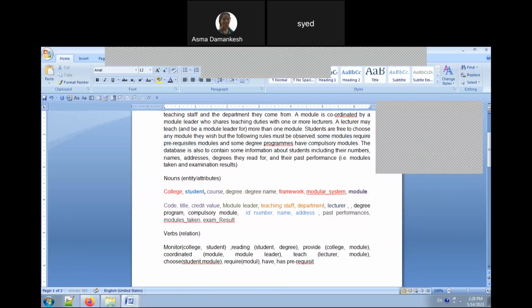Require is between module and prereq module. Maybe that's why I put the other one there. Okay, so let's put this back here. Have, what is this have for? It says a degree program have compulsory module. Have is between program and module.